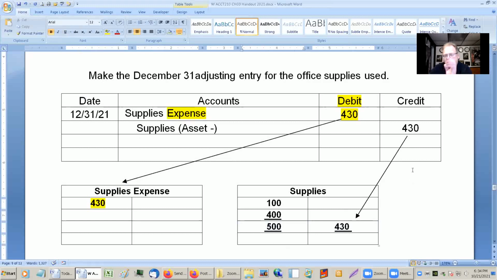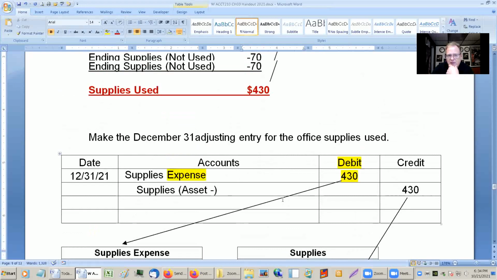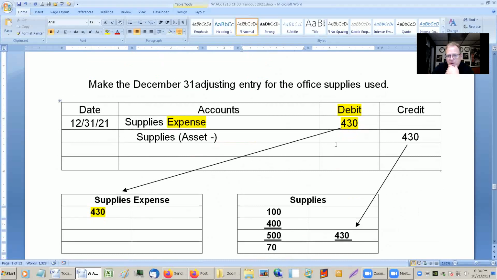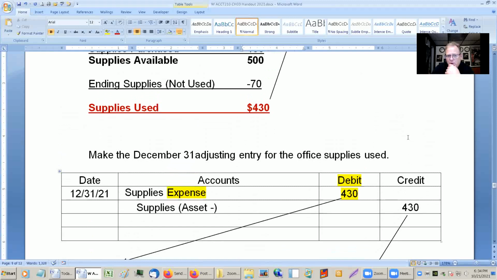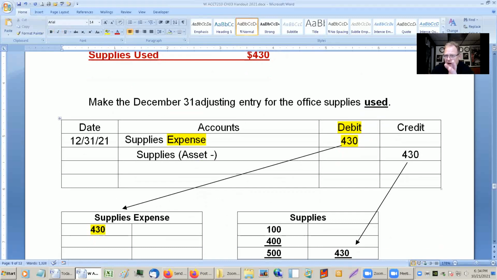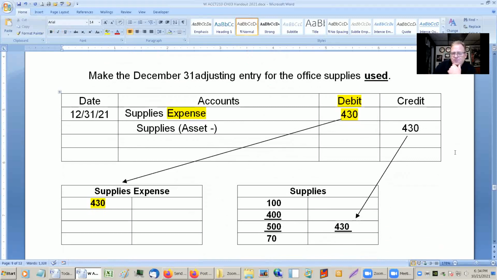Now, here's the important part about this. You make the journal entry for what was used, not the ending amount. The ending amount will just come out to be whatever it is. In this case, it's 70. But you make it for what was used, not what the ending balance is in the account.